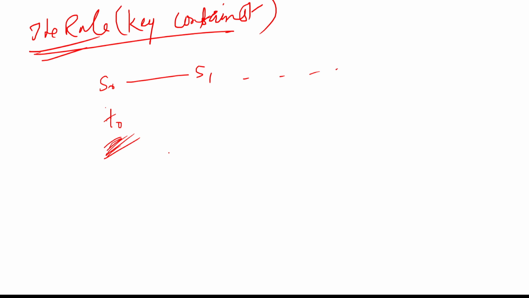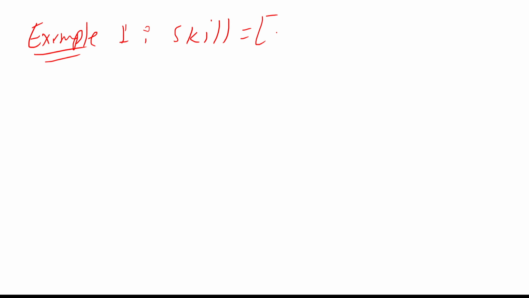Okay, so let's try to understand through the example. The very first thing is that we have been given example one. We have a skill array, which is 1, 5, 2 and 4.